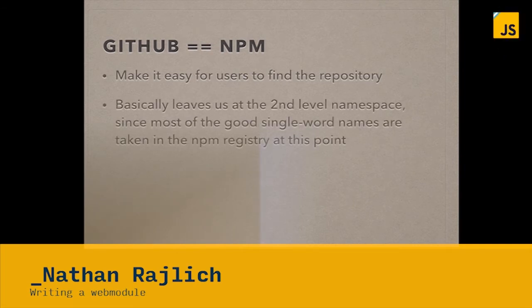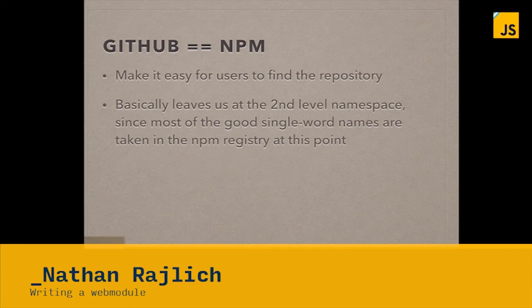And so at this point in the NPM registry, I mean, there's a lot of modules on there now. I couldn't even give an accurate number, but in the tens of thousands, I'm pretty sure. And a lot of the good names are taken, or a lot of the single word names are taken, I should say. And so as a result, almost all of our web modules, I think with the exception of one, is hyphenated.